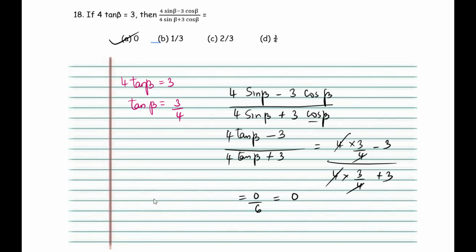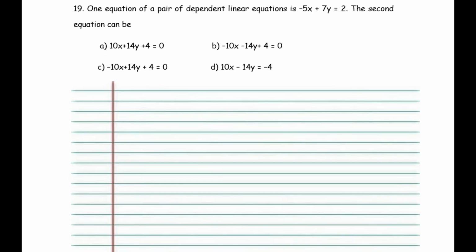Therefore the correct answer is option A, 0. Otherwise, by using the concept of Pythagoras theorem, you can find out the hypotenuse, then the sine ratio and cos ratio, then substitute the values, and you will get the same answer.